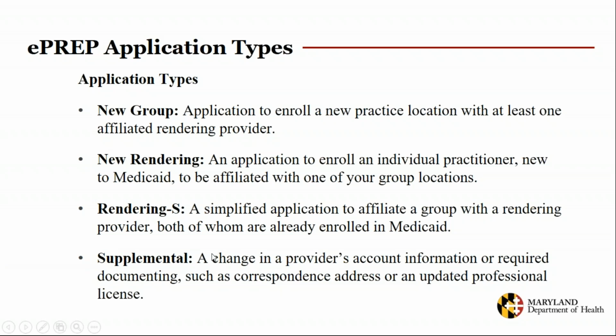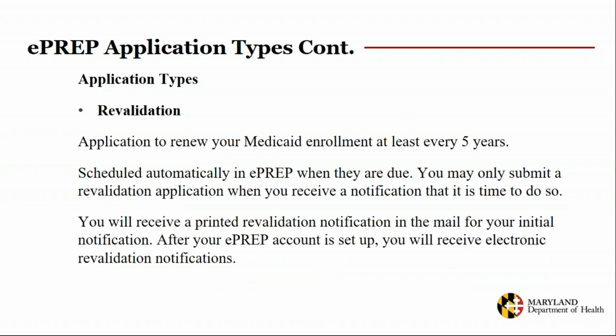We equally have a supplemental application, which is to change providers' account information or required documentations, such as your correspondence address or an updated professional license. We equally have a revalidation application, which is to renew your Medicaid enrollment. This is usually done every 5 years.